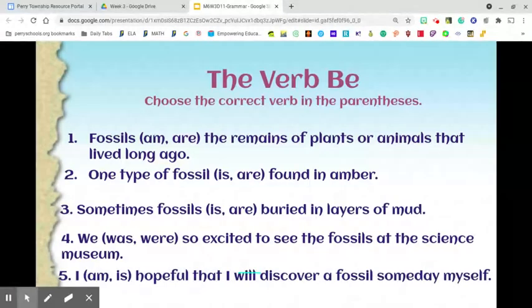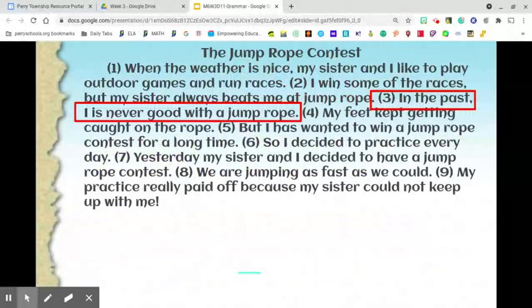And the last one, I am or is hopeful that I will discover a fossil someday myself. You should have said am. Remember, I gets its own little form of be, and we say am. I am hopeful that I will discover a fossil someday myself.